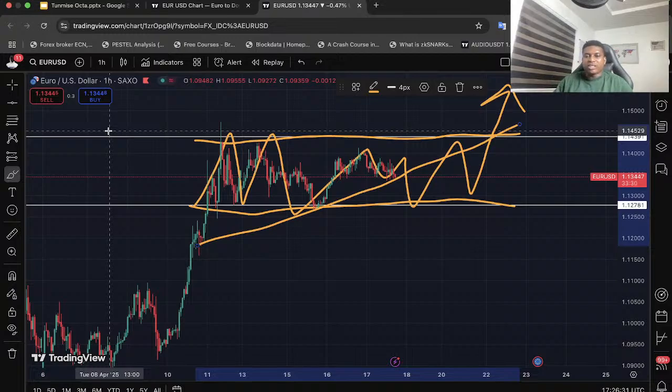So what currency do you want us to trade? Who is giving us a hint on what next to trade? Okay, I'm closely looking at my chart. Drop your preferred currency.